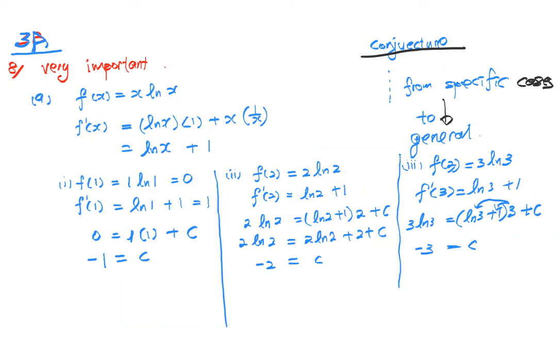For this question, I'm not going to use y minus y1 equals m(x minus x1), because I want to get the y-intercept straight away. c is the y-intercept in this case. Now based on the 3 parts: x equals 1, c equals -1; x equals 2, c equals -2. Do you see the pattern? x equals 3, c equals -3.